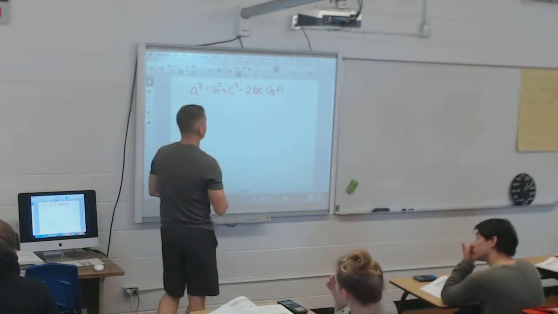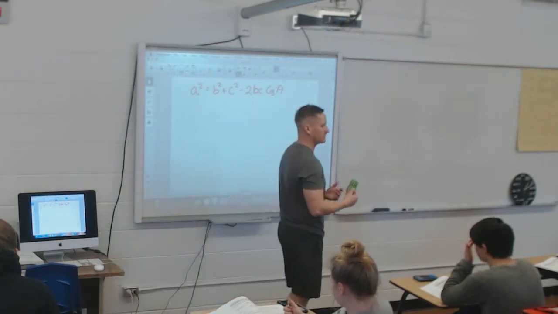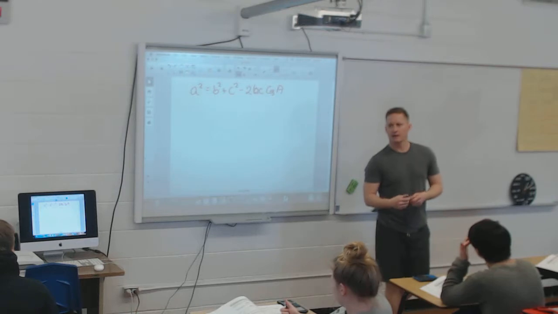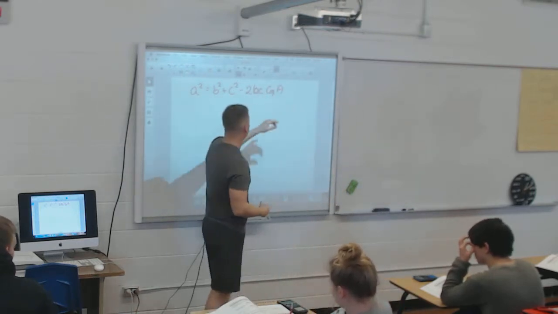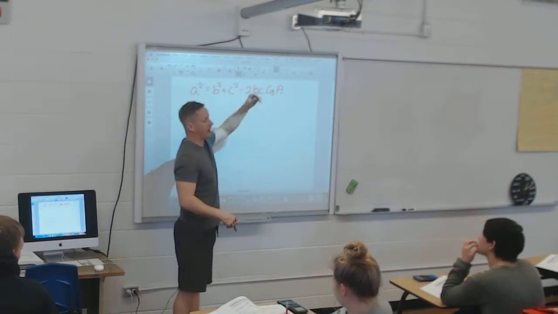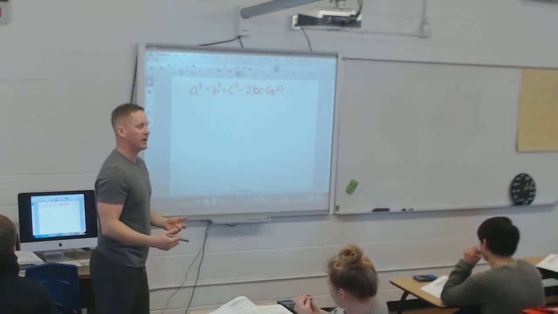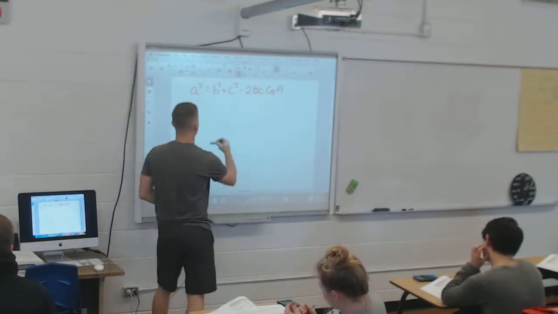What's the first thing that I need to do to get the cos A by itself? You're still using the same BEDMAS rules, brackets, exponents, those types of things. But the difference is I've got to solve for A, so I always start with addition and subtraction first. I need to isolate. So the first thing I do is subtract b squared and c squared.